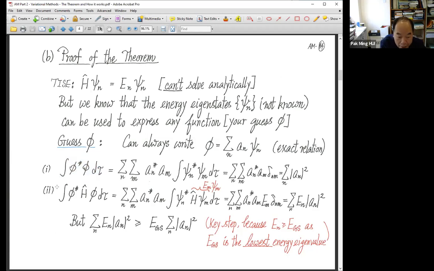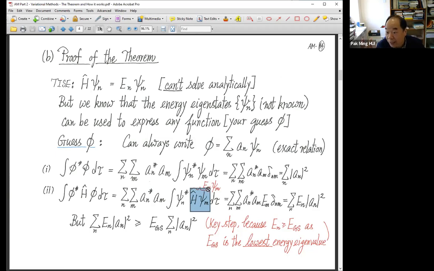How about the numerator? Do the same thing. The only difference is that in the integral, I have an H in between. Remember that although we don't know what they are, we know that they are eigenstates. So H phi m is En phi m, by the very fact that phi m is an eigenstate with eigenvalue En.